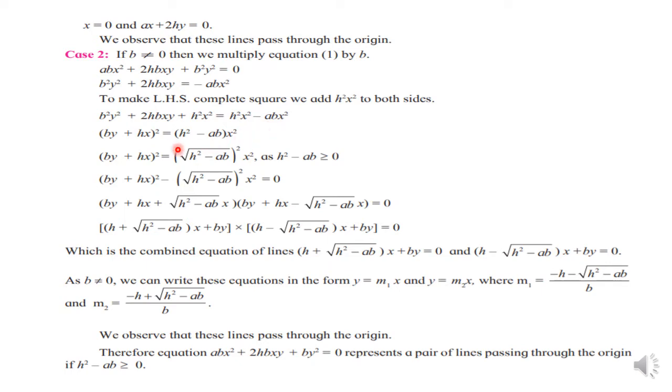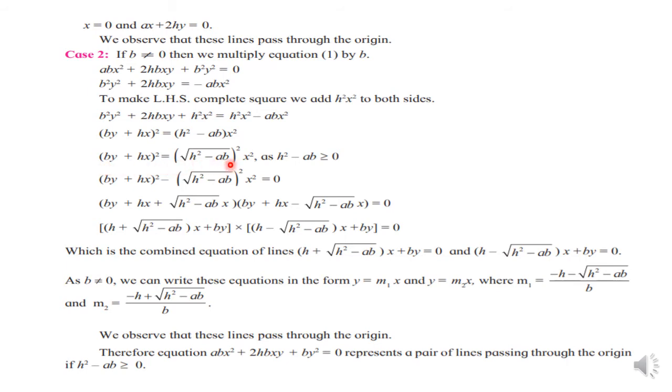So we get on the RHS h square x square minus abx square. So the LHS becomes a perfect square, which we can write as by plus hx the whole square. And the RHS, we take x square common. So in the bracket we get h square minus ab.